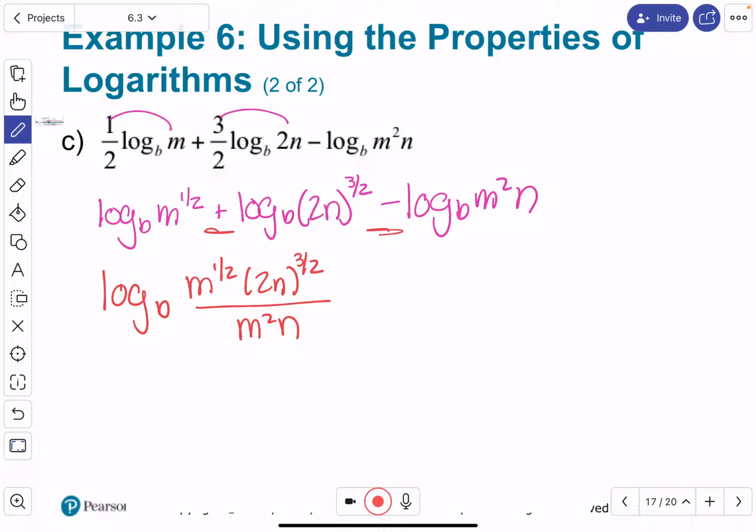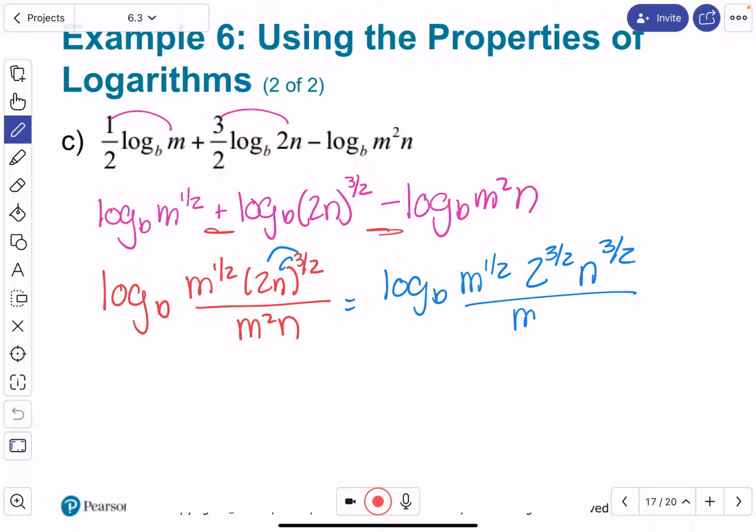Now we're going to keep going because we want to try to get rid of the fraction exponents here. So I'm going to distribute this to the 2. Oh, that should say log, not LG. Log base b, m 1/2, 2 to the 3 halves, n to the 3 halves.